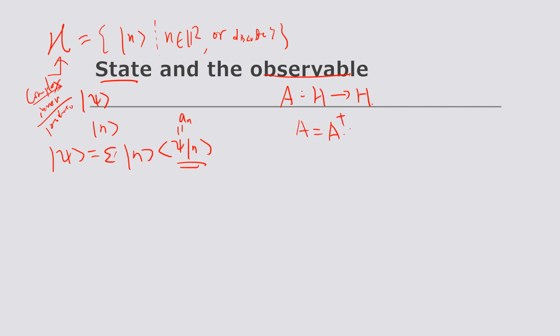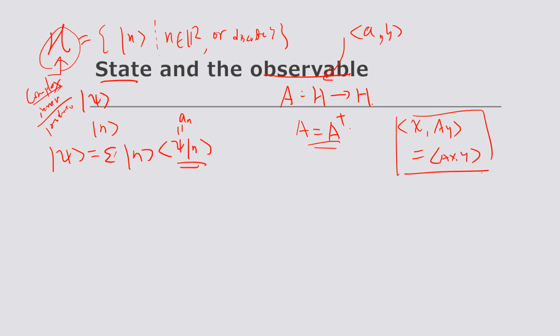I should say Hermitian with respect to this complex Hilbert space, because Hilbert space means the complex inner product space. So there is a natural inner product. So basically, you can define the inner product on the Hilbert space. So A equals A dagger means that the inner product of x with Ay equals the inner product of Ax with y.